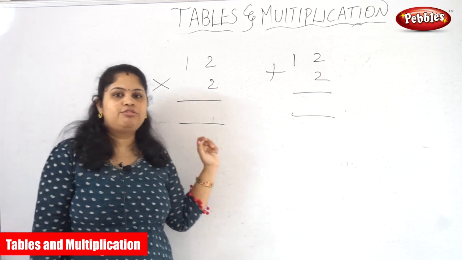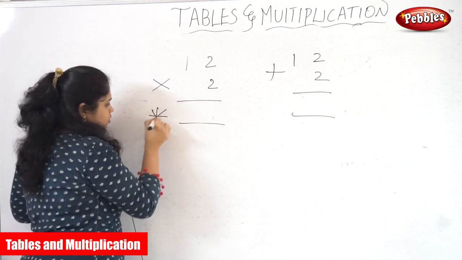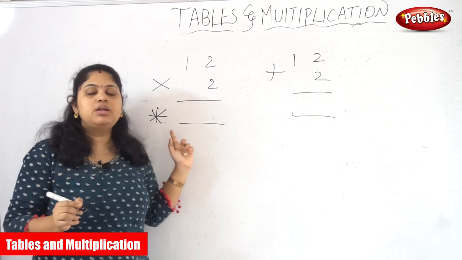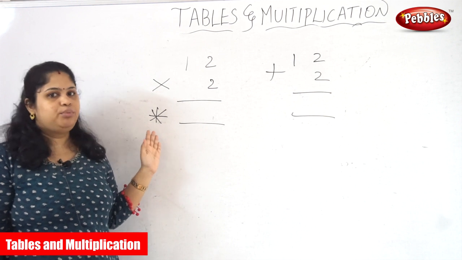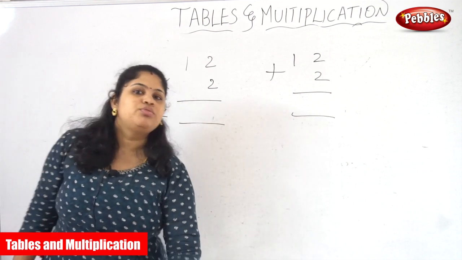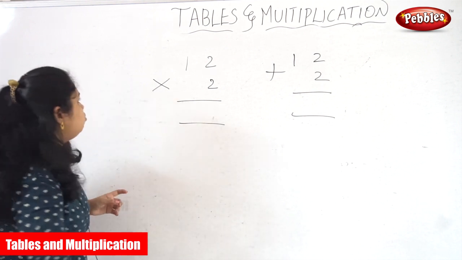Instead of that you will find a star symbol. This is the symbol they use in mobile phones and computer calculators. This is for extra information. Now let's move on to the problem.